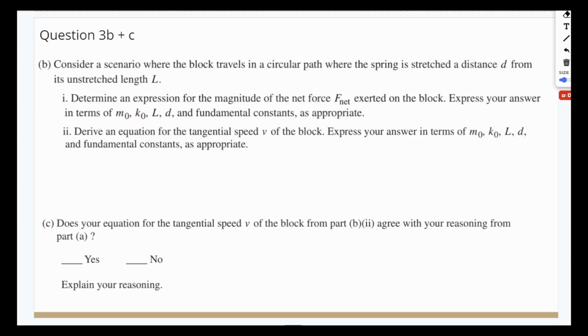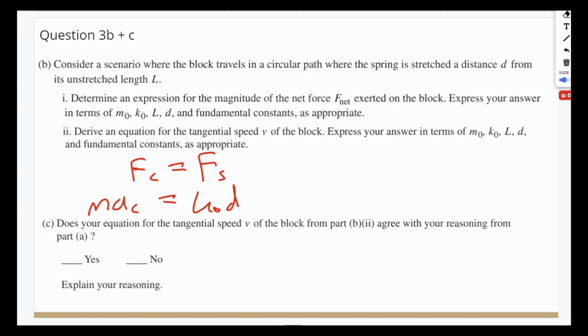This is probably the hardest part of the entire thing, but it's still pretty simple. So that formula we derived for the one where they said we can't use formulas is exactly what we would use here. So centripetal force, which is a type of net force, will equal force of spring. So we would have k0d equals m a_c.